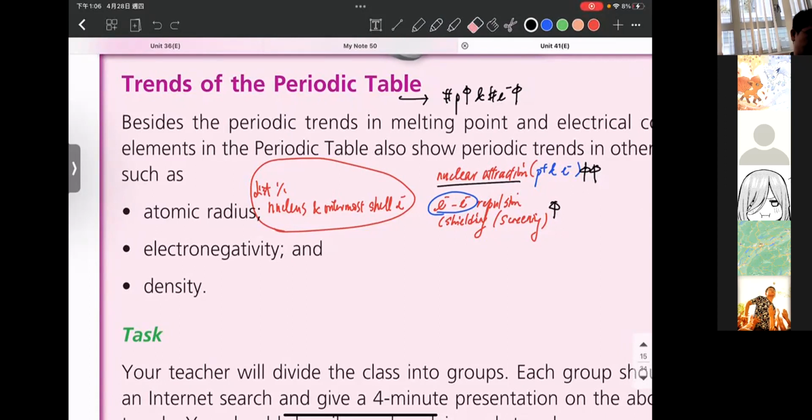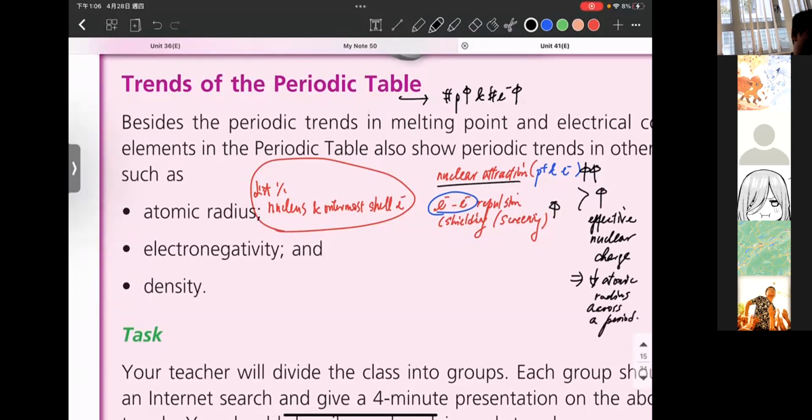We collectively call it nuclear charge, or effective nuclear charge. So the outermost shell electrons are being pulled closer to the nucleus. As a result, there will be a decreasing trend in atomic radius across a period.